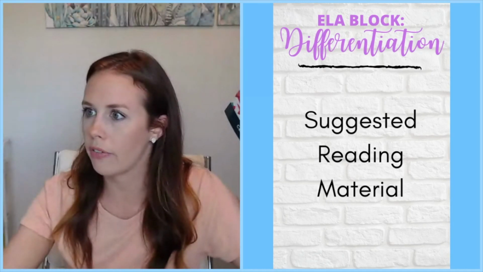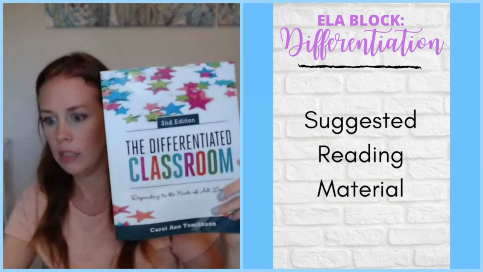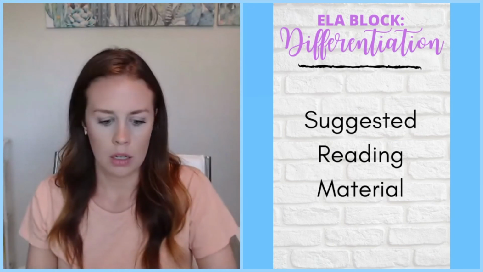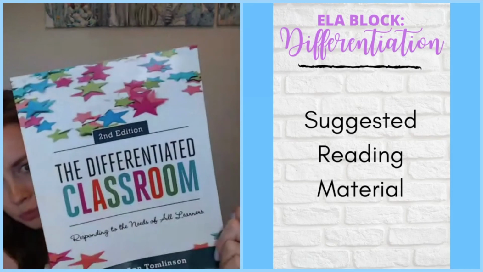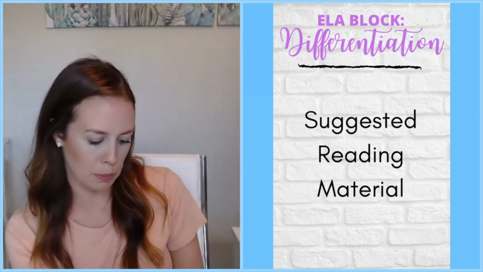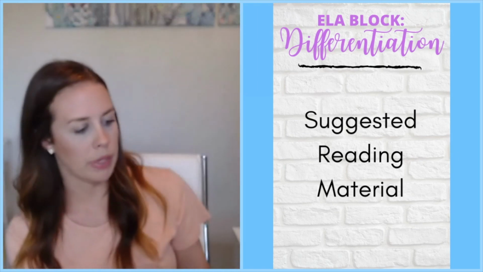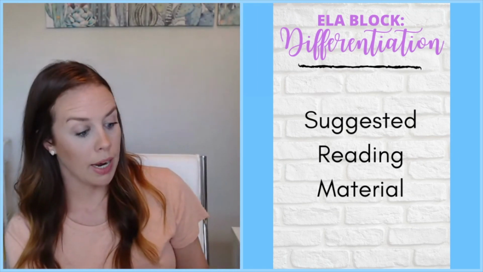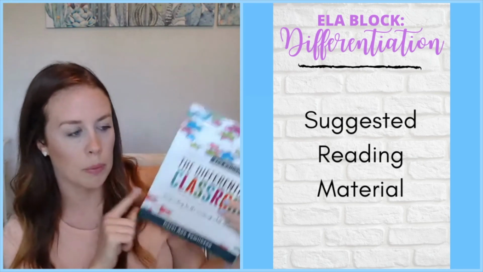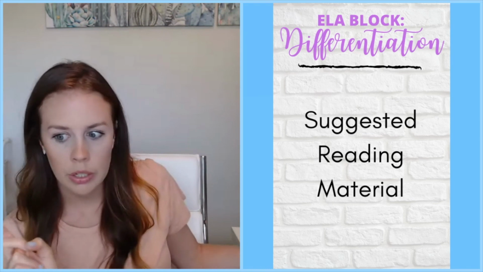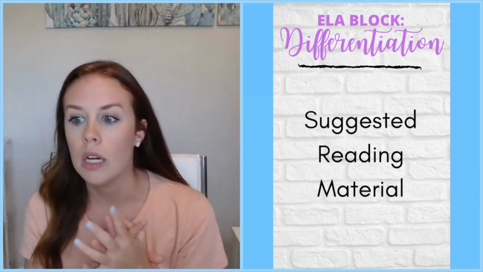It's an affiliate link on Amazon, but it's just a nice, easy book to read over the summer if you are interested in more differentiation. If you've read this, maybe pop in the comments and let us know what you think. I browsed through it last summer and almost used it for my book study, but ended up going with another book.